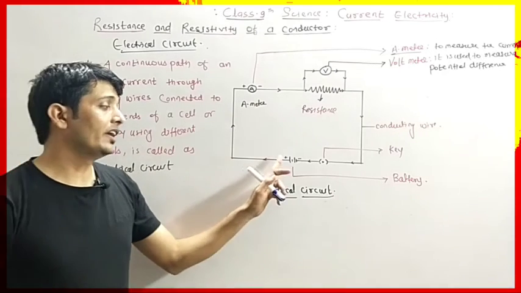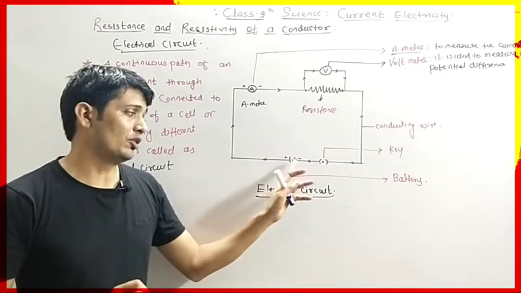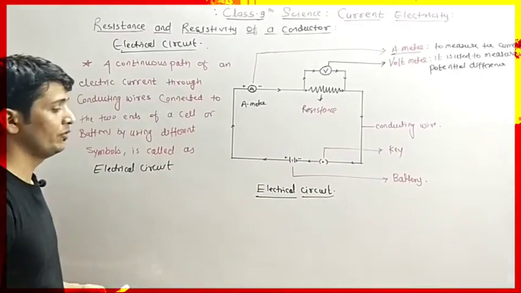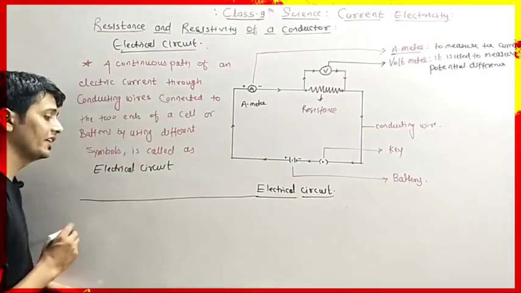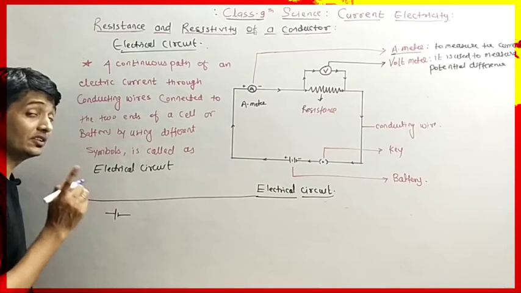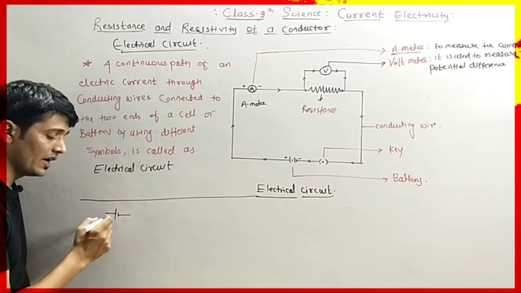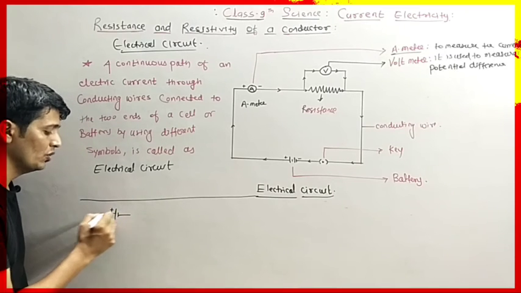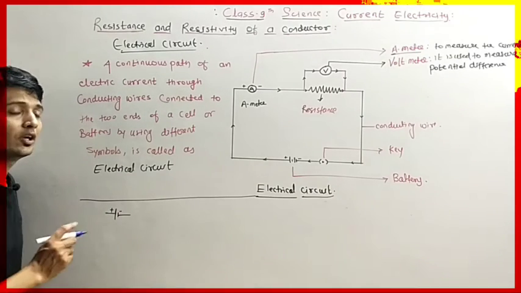Okay, so this is the general representation of the electrical circuit. Here we are using different electrical devices in the form of symbols. So we have to understand a few symbols so that you can draw the electrical circuit easily. So this symbol represents the cell. Here the long vertical line represents the positive and the small vertical line represents the negative terminal of the cell.